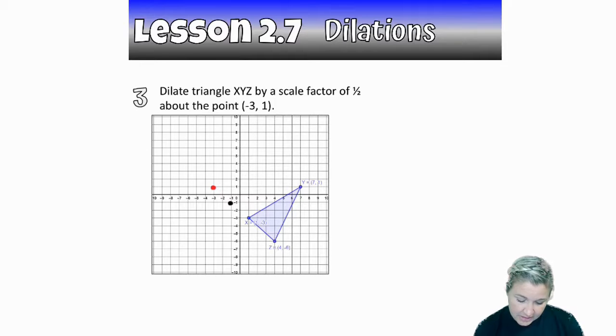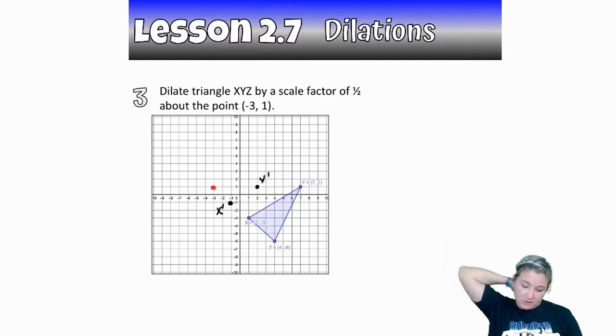So this is going to be X prime there: right 2, down 2. Y is actually up 0 and then over 10. I'm going to take the up 0 divided by 2, which is still 0, and then over 10 divided by 2, so I'm just going to go over 5. And there's Y prime. And then Z, this is a little bit more challenging.